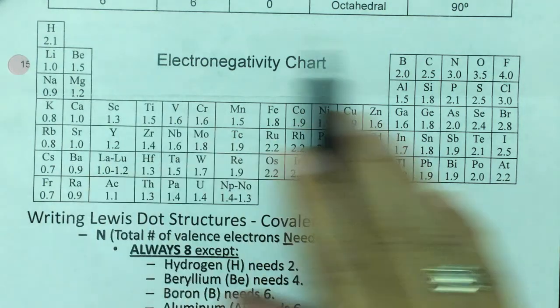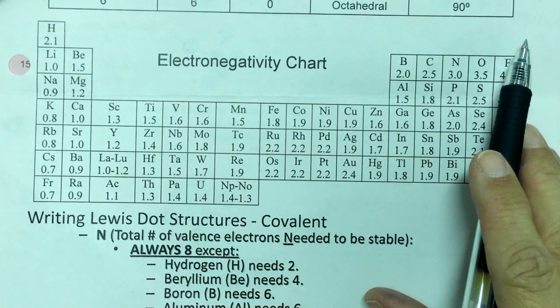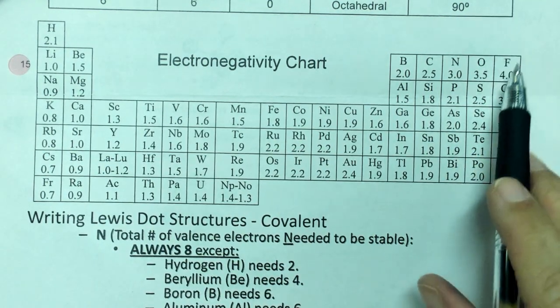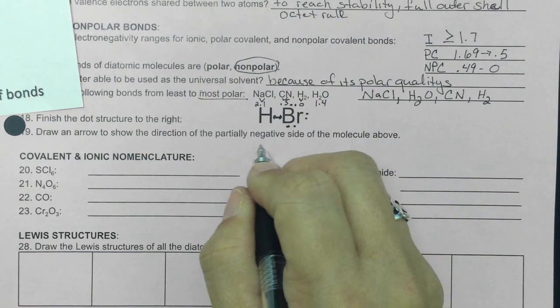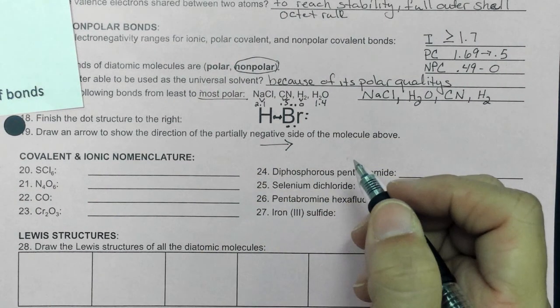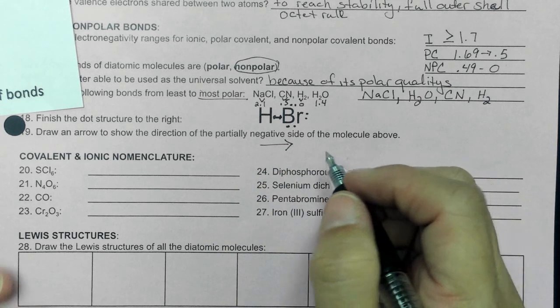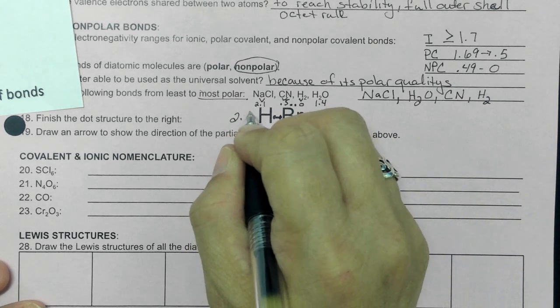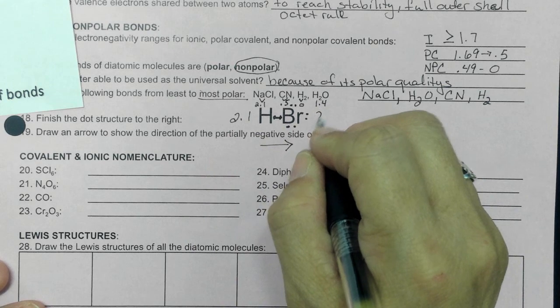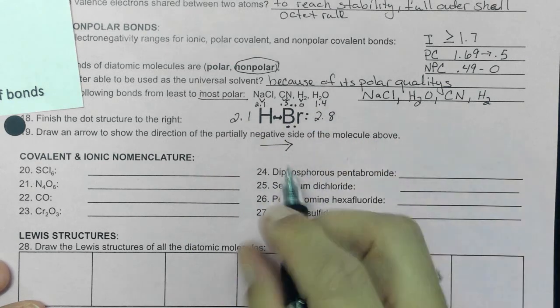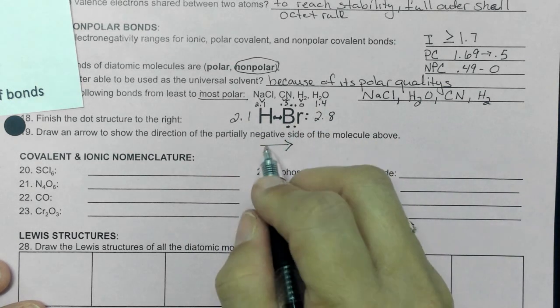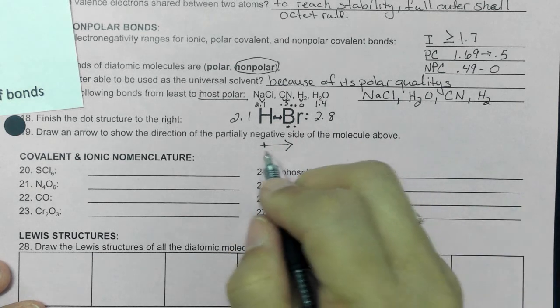So the further we go towards the noble gases, that halogen group is our strongest electronegativity. So the direction is going to be that way. If you're more visual, you could actually write the differences, 2.1 and 2.8. So bromine is my winner in that wonderful electron tug of war.